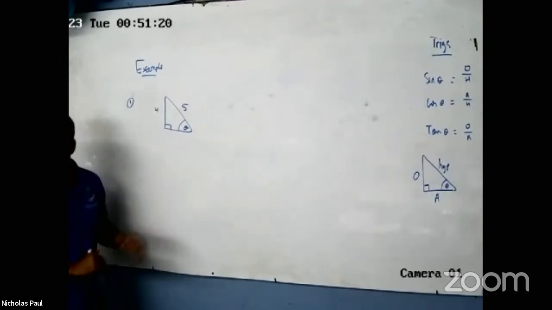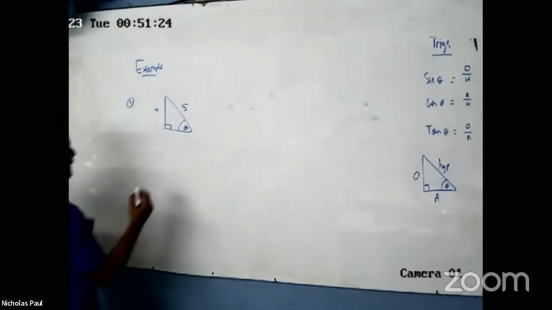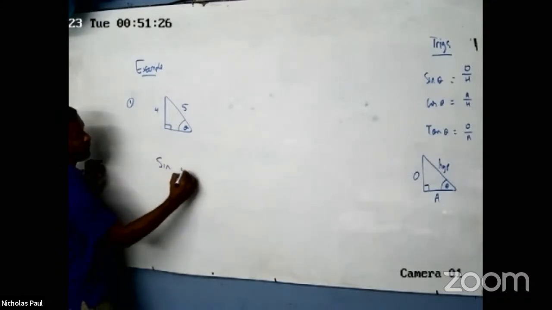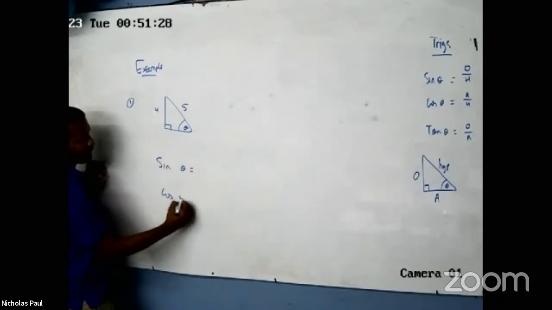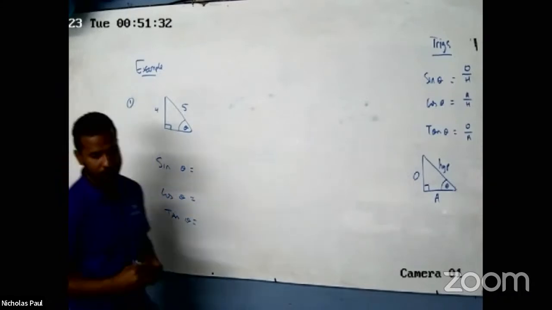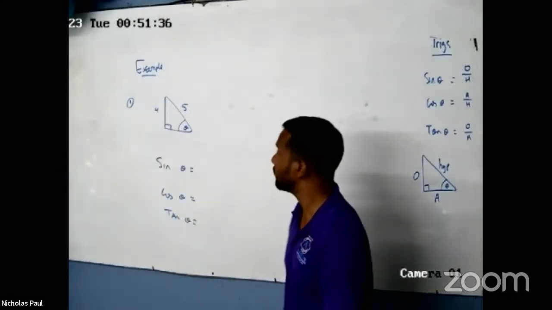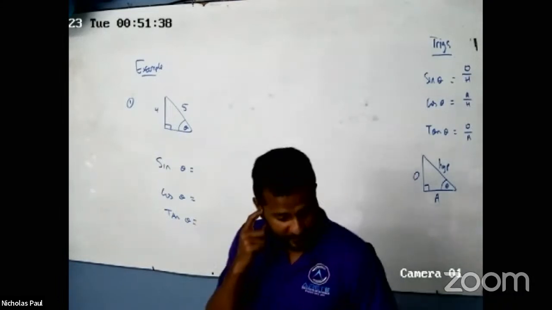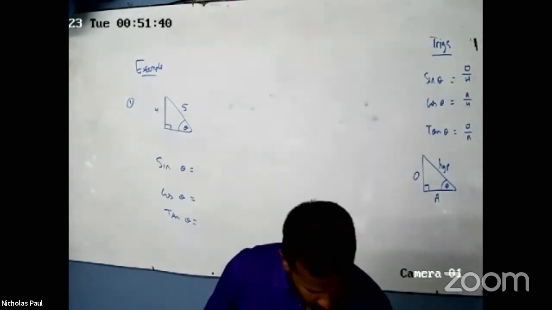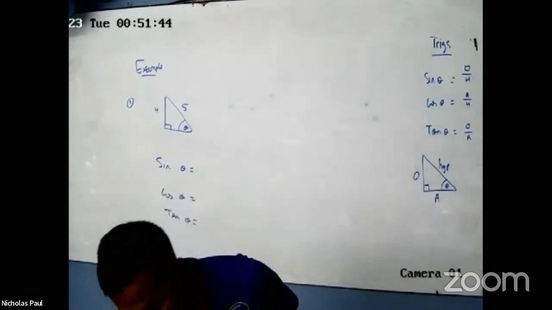Okay, forget the mental part. Work it out. And then let's see if we can find sine, cos, tan. Use Pythagoras theorem and work it out.